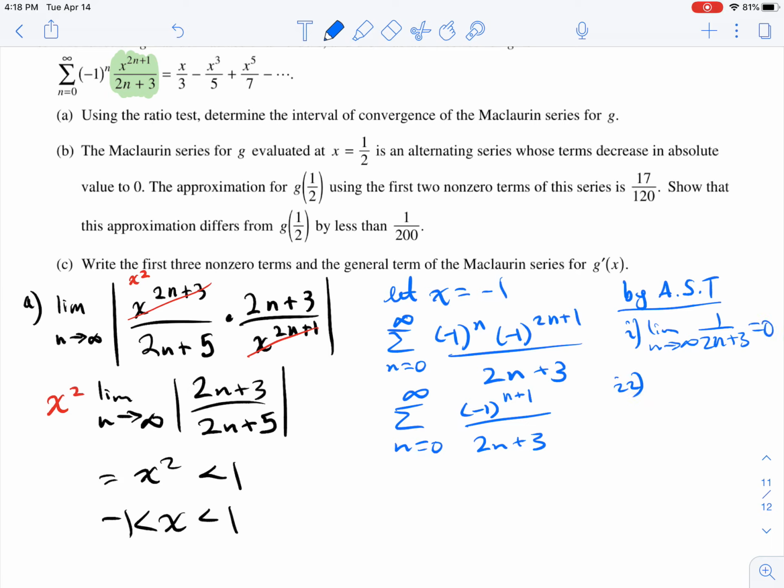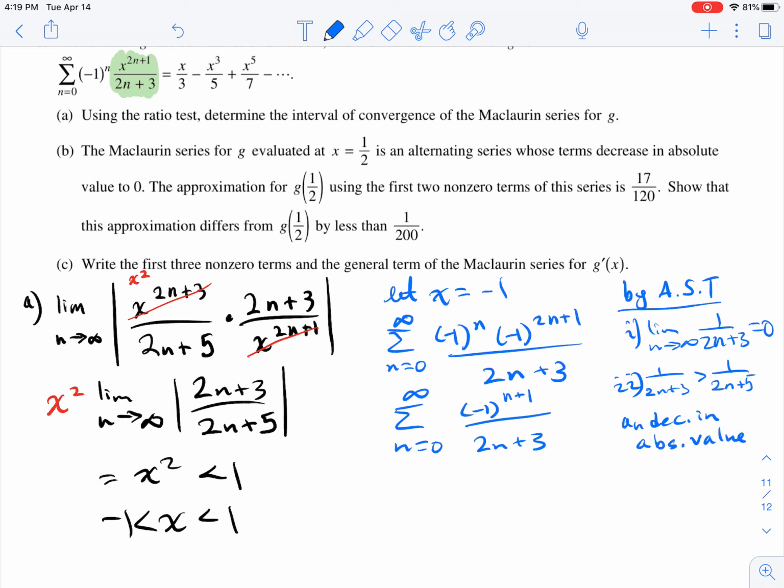And the second condition is that a sub n decreases in absolute value. A sub n is actually decreasing in absolute value.